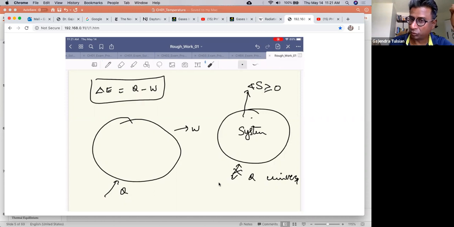Entropy is a measure of disorder. This is the subject of chapter 4 that we'll study, and it says that the entropy of an isolated system either stays the same or increases.